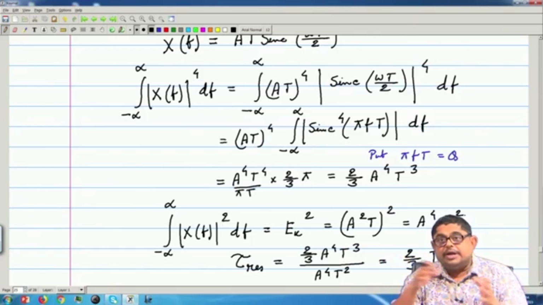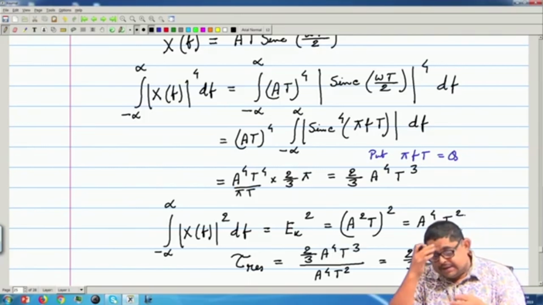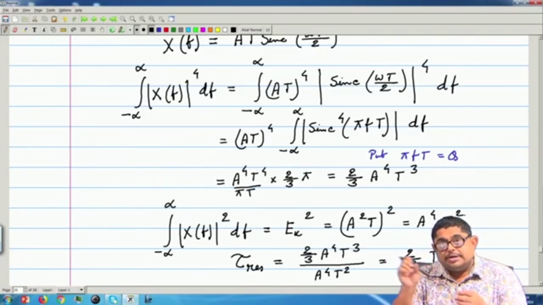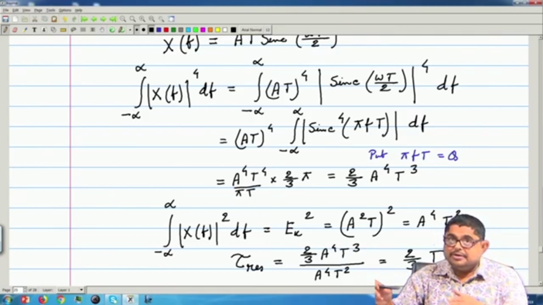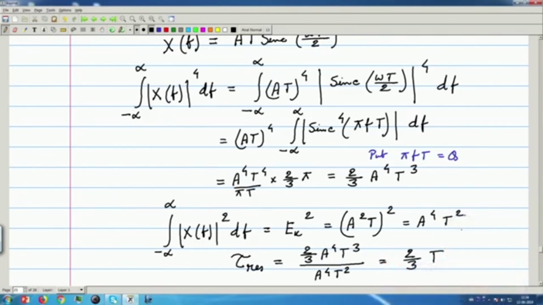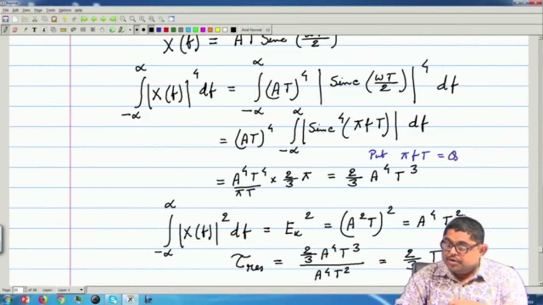But that is okay for most of the time; when we are very specifically mathematically saying, then for a rectangular pulse, what is resolution? The two targets whose delay difference is within 2/3 t, the radar won't be able to say that there are two targets. But if their delay is between 2/3 t and t, then the radar will be able to tell that they are two different things. So, it is not simply t.